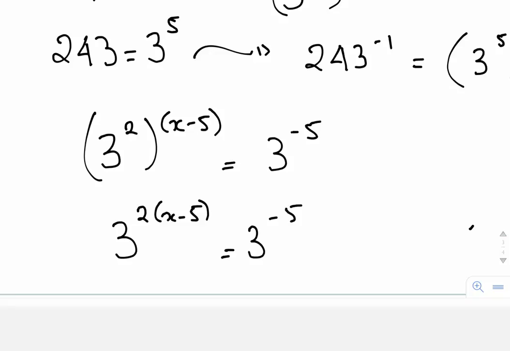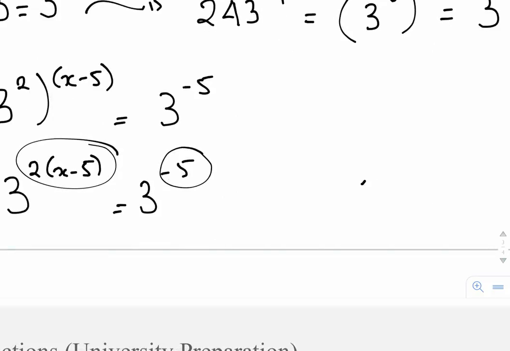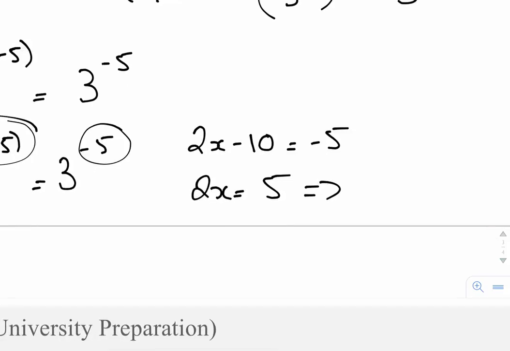Equate this with this, and what am I left with? 2x minus 10 is equal to negative 5. In other words, I can write this as 2x equals 5, which means that x is 5 over 2.